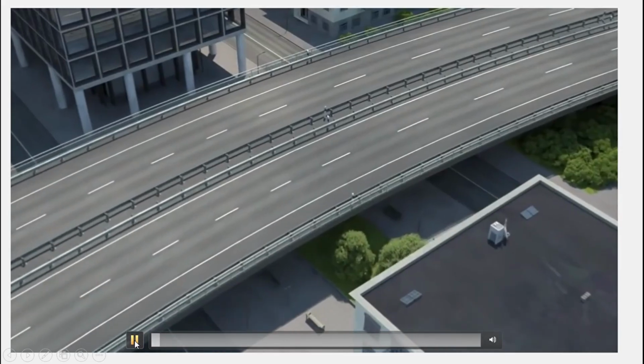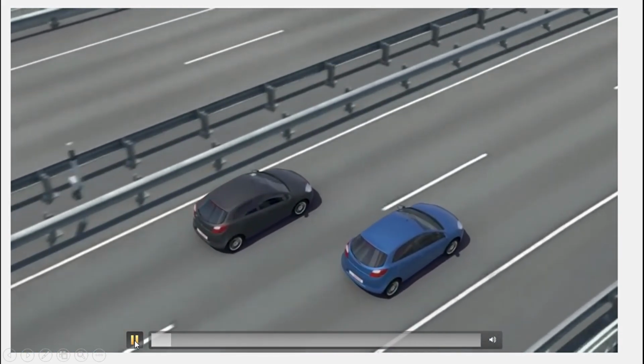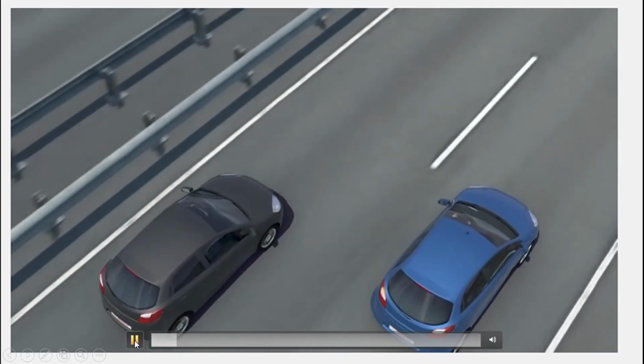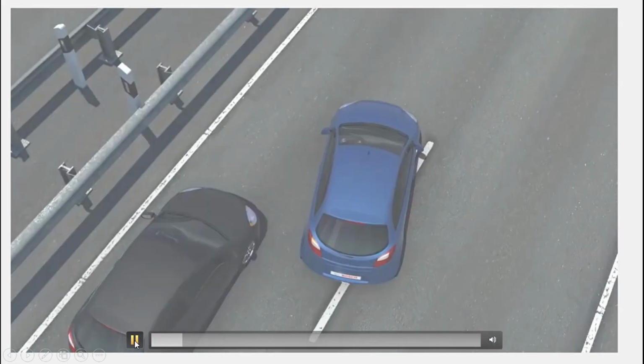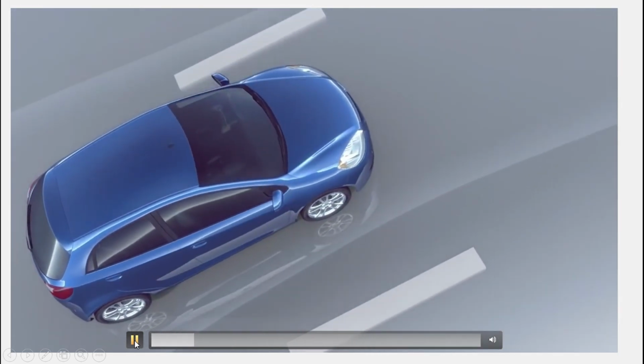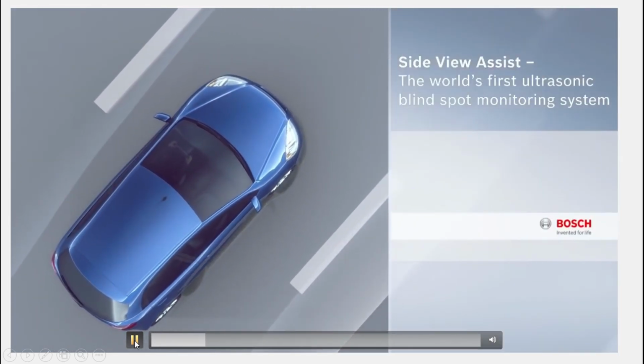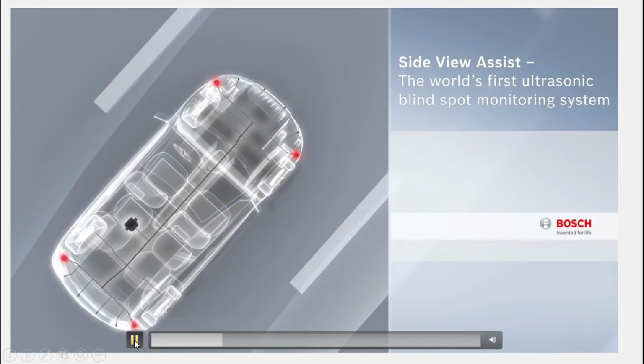Around 5% of all accidents occur during lane changes or overtaking maneuvers because the driver has failed to see an adjacent vehicle in the blind spot area. To improve safety in such situations, Bosch has developed the Side View Assist, the world's first ultrasonic blind spot monitoring system. Side View Assist employs 4 highly sensitive ultrasonic sensors integrated into both ends of the front and rear bumpers.